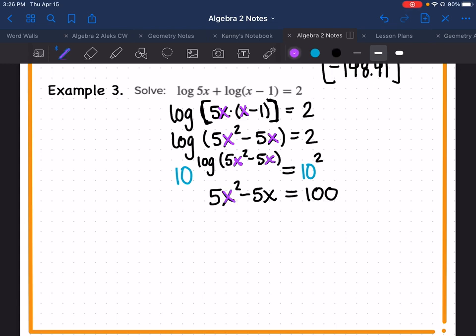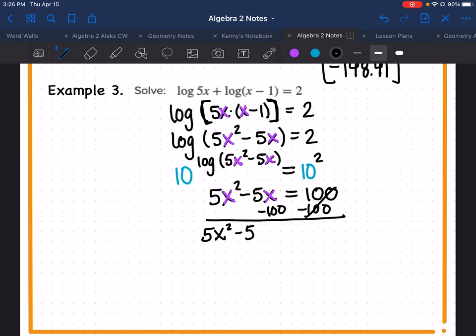All right. Now, the really nice thing would have been if I had an x or an x squared, preferably an x squared, on the other side where the 100 is, but I don't. So that means I'm going to have to factor. I'm going to bring my 100 over here, and I'm going to put them all together on the same side.